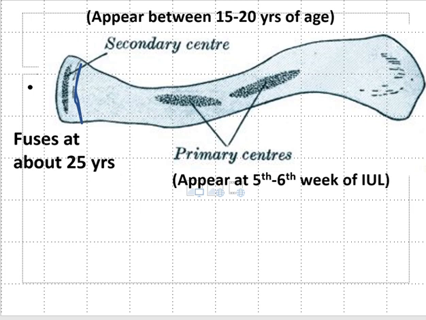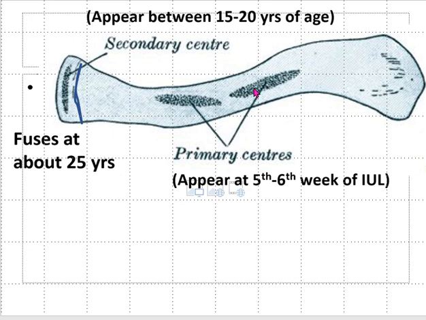Now the ossification of the clavicle. Most of the shaft is ossified from membrane, and it is ossified from two primary ossification centers for the shaft, which appear during the 5th or 6th week of intrauterine life.